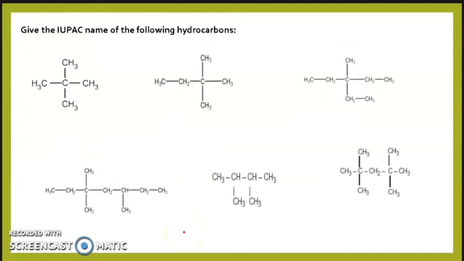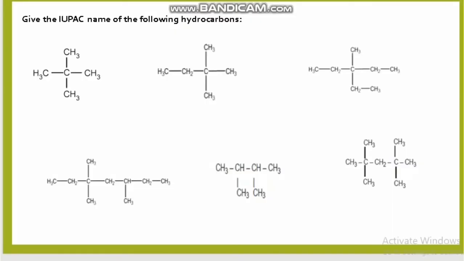Now here we have a couple of examples for you to practice. You can practice naming these compounds. Now the same rules apply. In the first, for example, we're going to search for the longest chain, and then we're going to circle the branches. The longest chain consists of 3 carbon atoms, and that's why it is called propane.